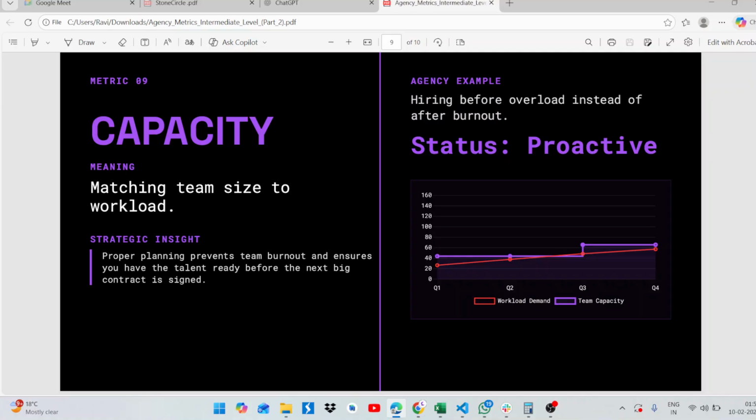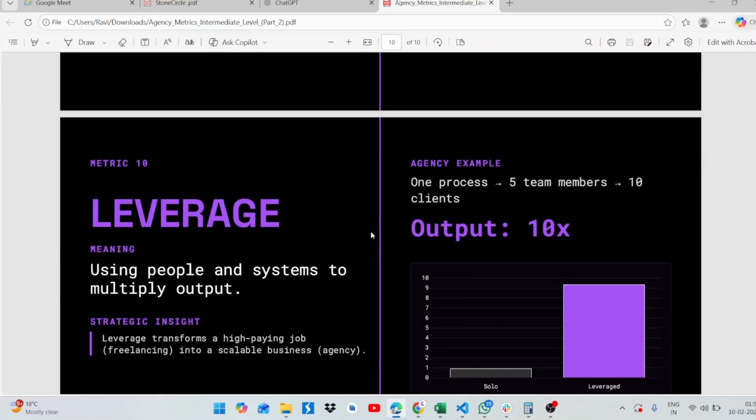If somebody is not at the right capacity level, then you can put them on an internal project. You also have to understand, before hiring itself, how much overload there would be, how many client projects we are expecting, what retention level, and how many clients we are planning to scale up. Everything depends on it, and the capacity can be calculated accordingly.